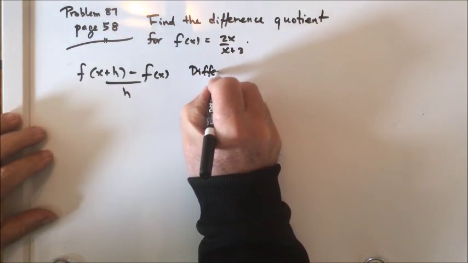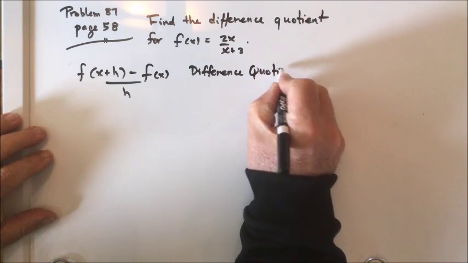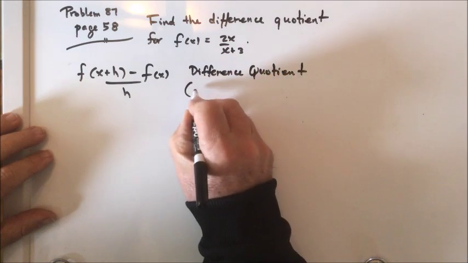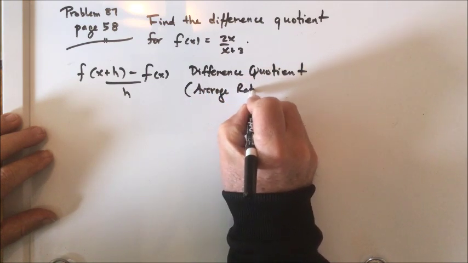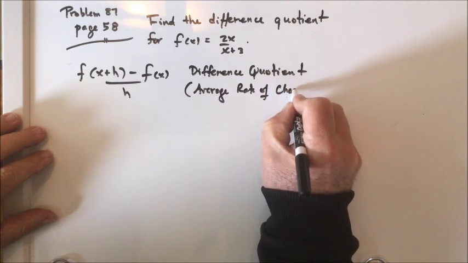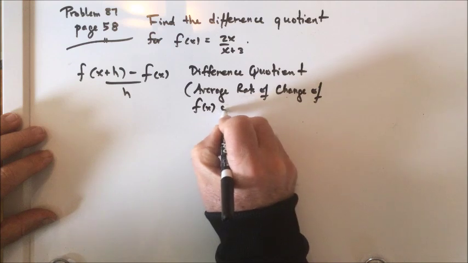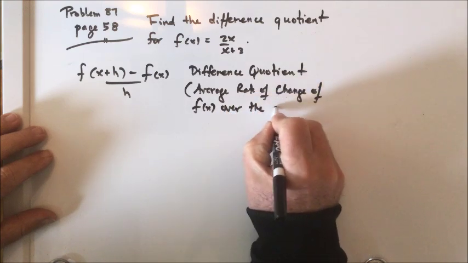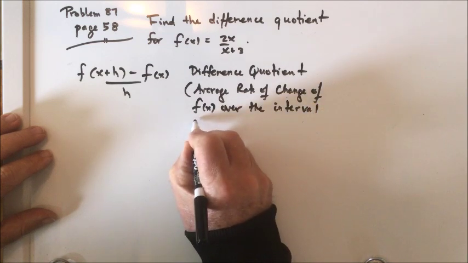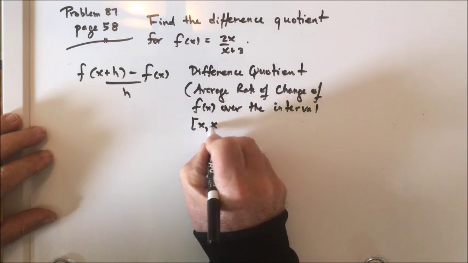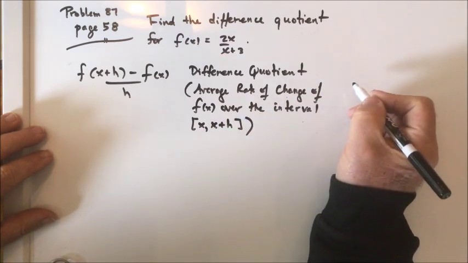It also happens to be, and it's important for you to remember this connection, the average rate of change of the function f of x over the interval from x to x plus h. Okay, so geometrically, that's what this quantity is.